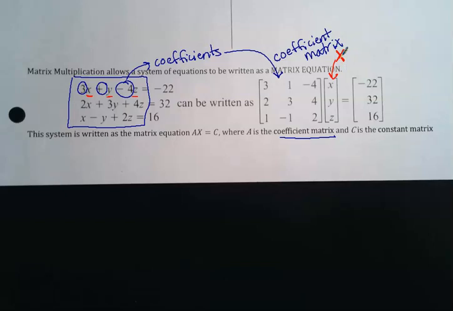We're solving for that matrix or solving for those values. And the last one is what's on the other side of the equal sign. These are all the constants, right? The answers. Those are the numbers that they're equal to. And we're putting the constants in this last matrix, which is called a constant matrix.